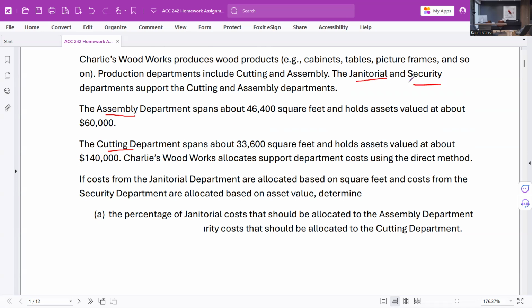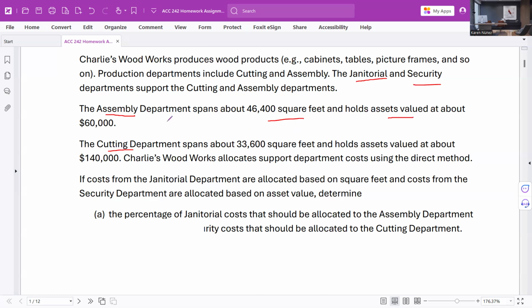And those two support departments provide services to the production departments, assembly and cutting. And at some point we're going to allocate the costs from janitorial and security to cutting and assembly based on the square footage for janitorial and the asset value for security.